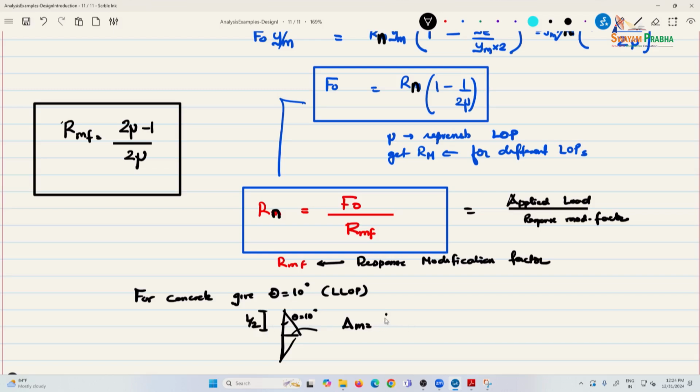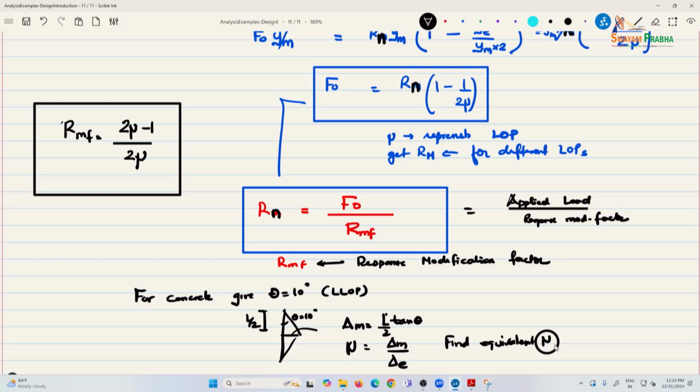So, you can convert delta m is equal to L by 2 tan theta for that LOP, and then your mu is delta m by delta y. So, find an equivalent mu.